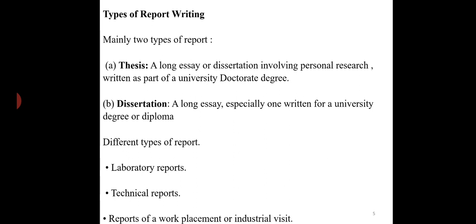So these are the four different types of research report related to education.